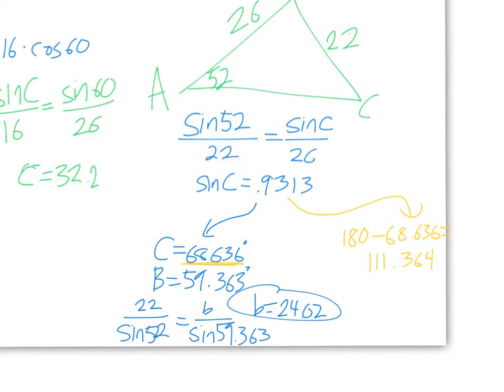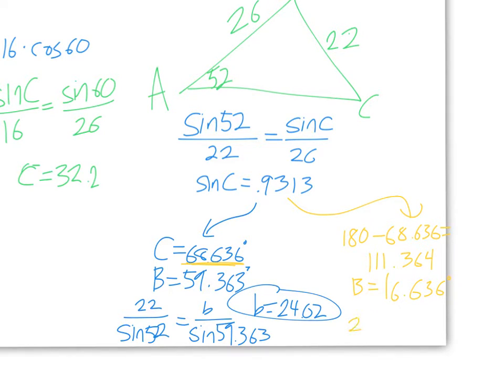Okay, and that means that angle B is going to be 180 minus 111.364 minus 52, which is 16.636 degrees. I'm going to do law of sines again.